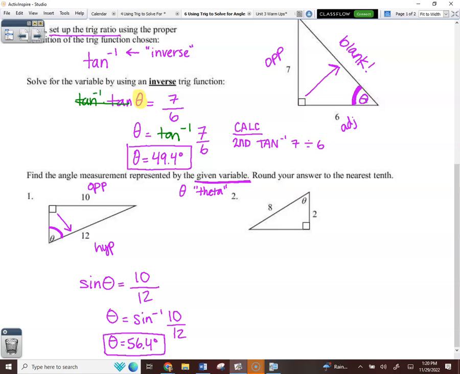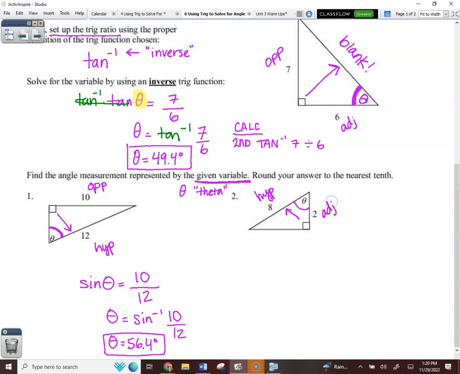Okay, let's do number 2. Label the picture. Stay with me. I'm telling you, you're going to get left behind if you're not working. Label the picture. We've got a hypotenuse and a what? We have an adjacent.